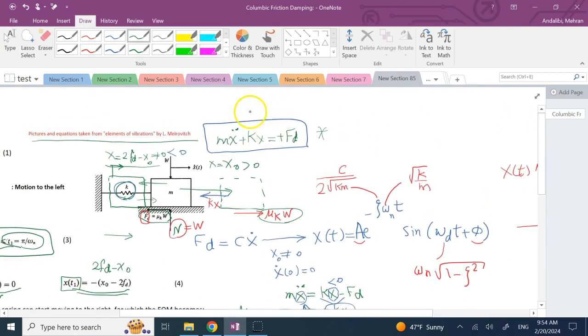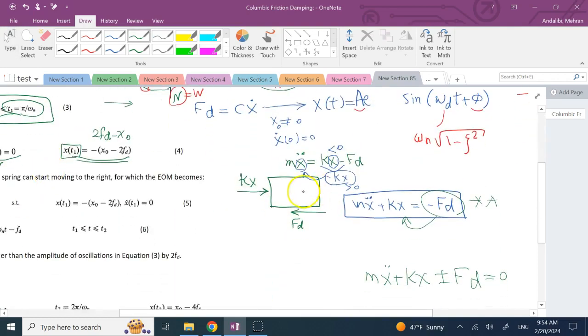When this block was moving to the left, x dot was negative, right? But here, this term was positive. Here, this block is moving to the right, so x dot is positive, but this term was what? Negative. So whatever is on this side is ft times what? Negative sine of x dot, right?